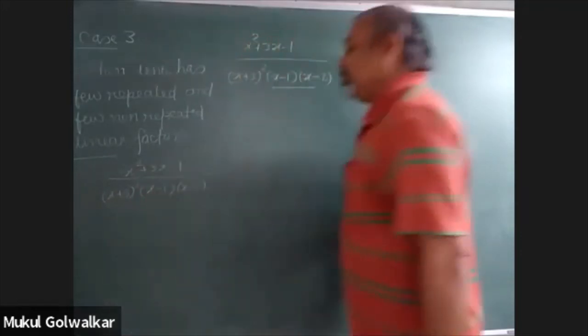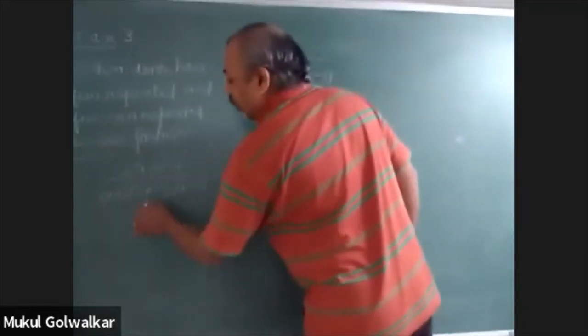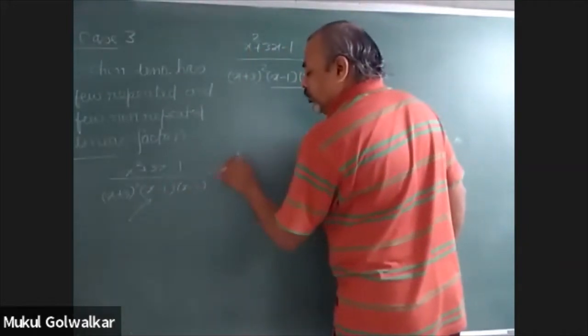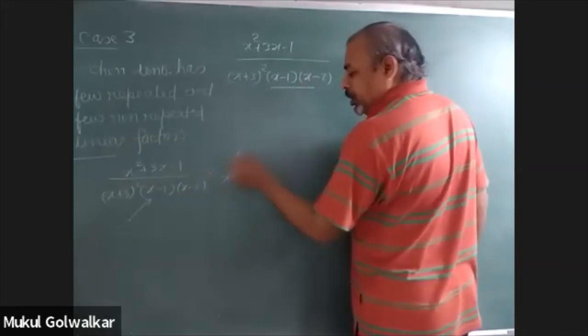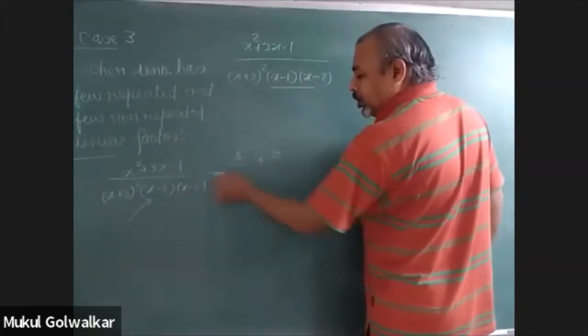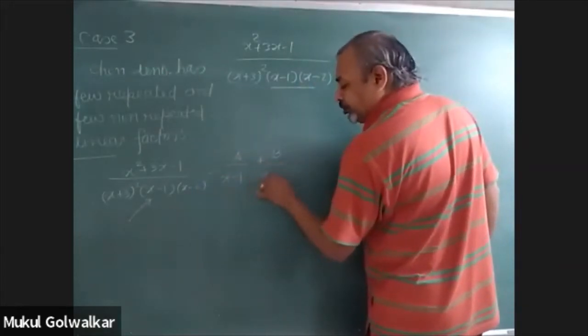This will be equal to, for non-repeated linear factors, one constant for the denominator x minus 1, and another constant for the factor x minus 2.